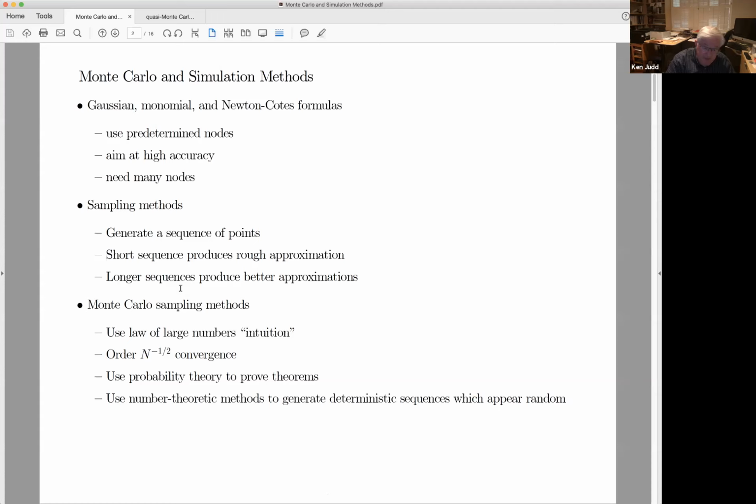Now, in economics, many people love Monte Carlo methods because what you do is you just appeal to the law of large numbers, and you say, well, I can just do a sampling of a function and approximate integrals that way. So that's the Monte Carlo sampling method.